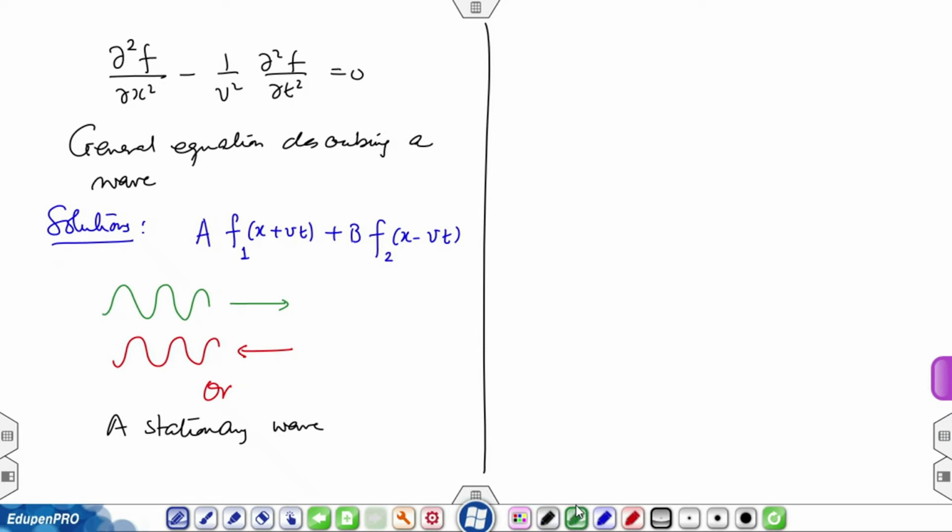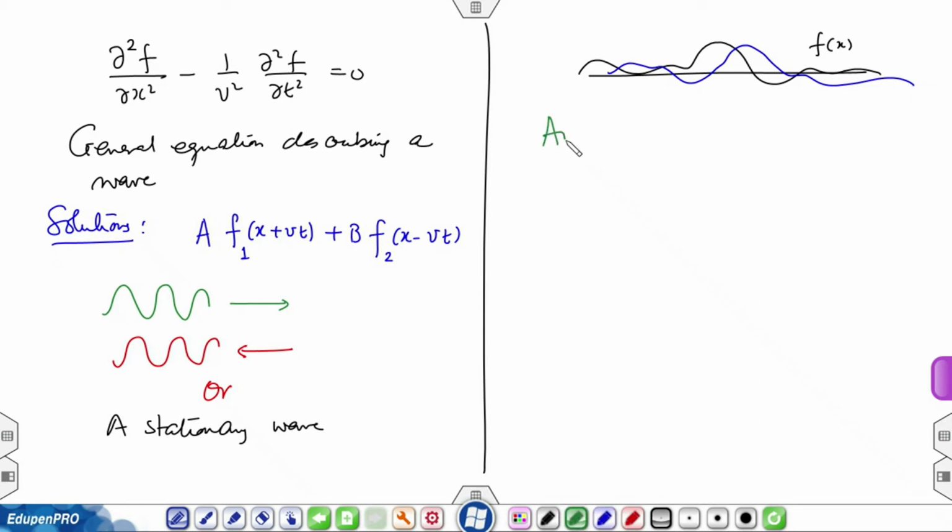What I did so far is that I took a snapshot of a wave which was given as a function of x and then allowed it to move by v t.